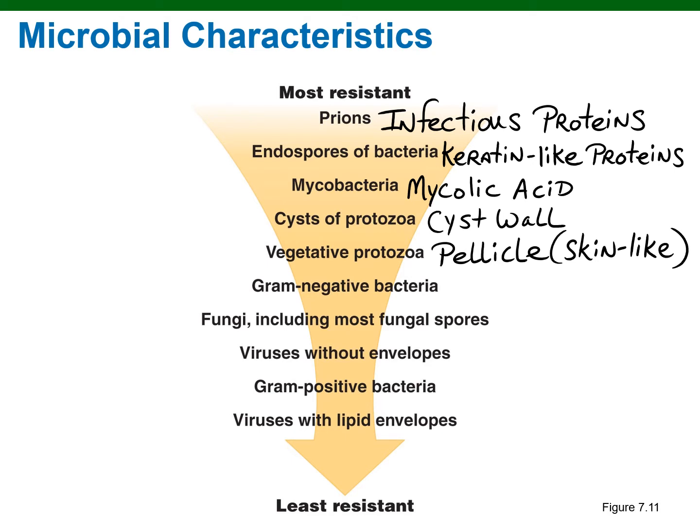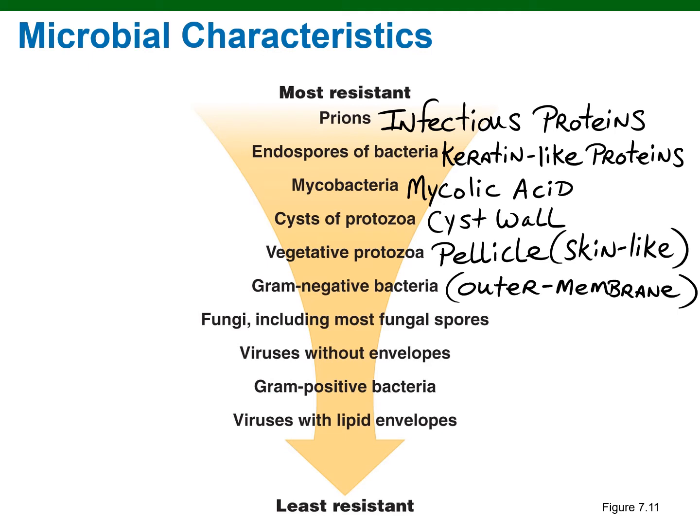Below this on the list we have gram-negative bacteria, and we know that gram-negative bacteria have some elevated resistance because of the presence of their outer membrane structures that help to protect them more than ordinary gram-positive bacteria that lack an outer membrane.